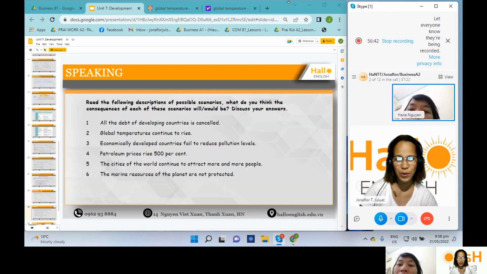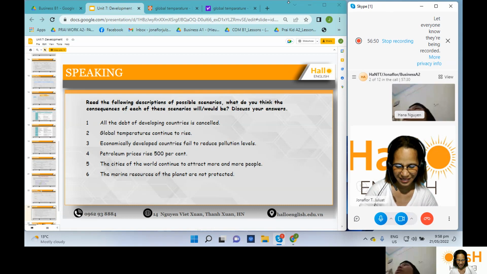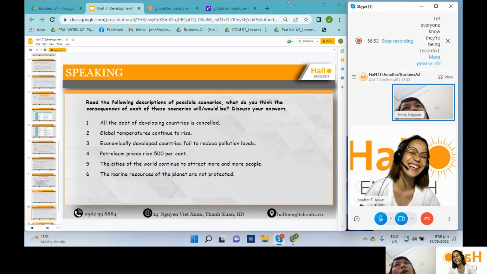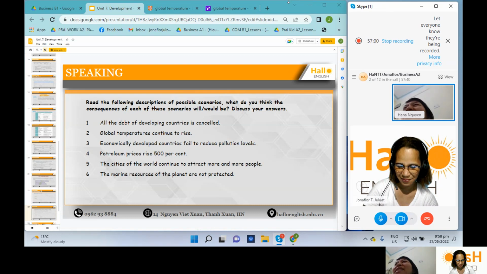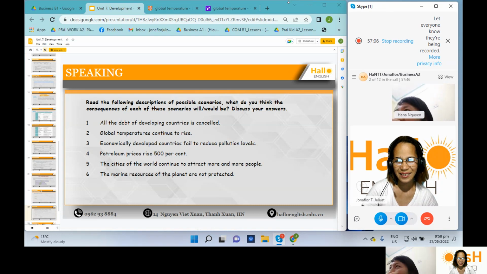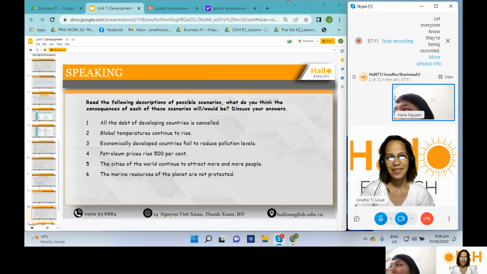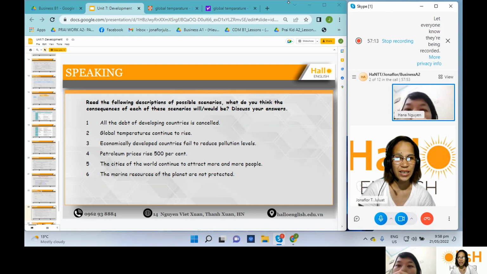So maybe the hometown, the rural areas, will have fewer people, and the pollution in the city will increase because of more people.